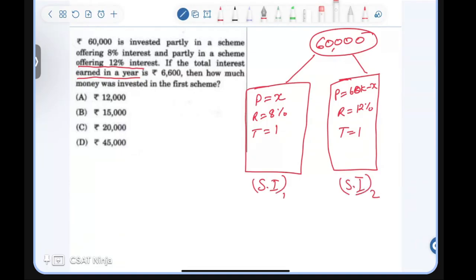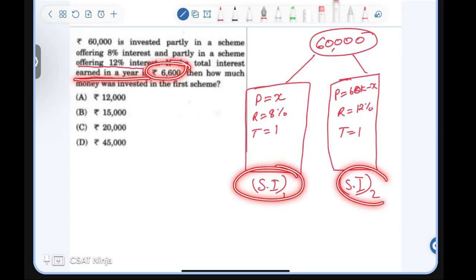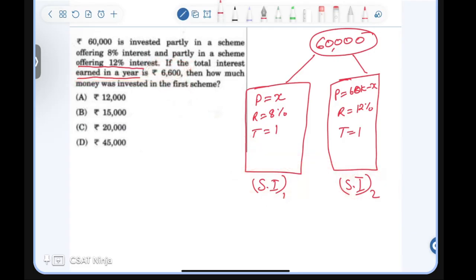The question says: if the total interest earned in a year is this one, that means simple interest of this one plus simple interest of this one, it is given as 6,600. So I'll write like that. SI of 1 plus SI of 2 is nothing but 6,600. 6,600 is the simple interest earned from both the schemes.